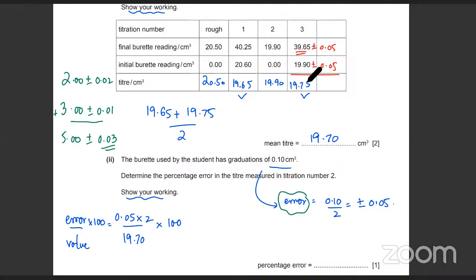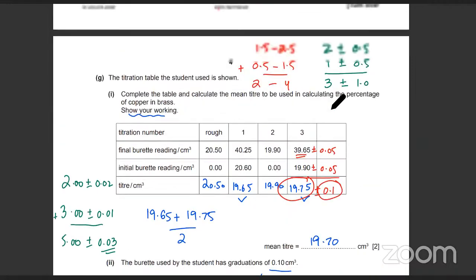You subtracted the top one from the bottom one, right? So whenever values are subtracted or added, the errors add up. Here the error in this value is going to be plus minus 0.1. Okay, is this clear?